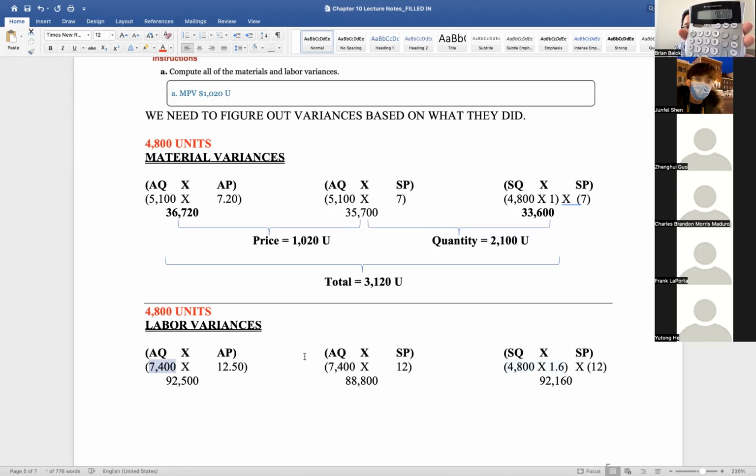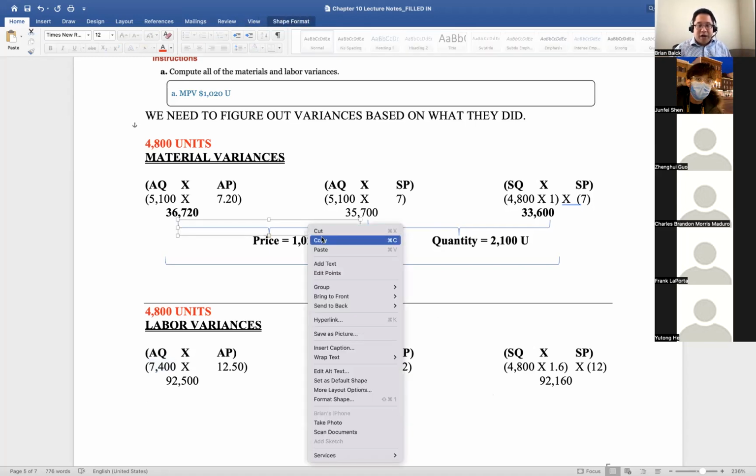Standard quantity is 7,680. That's okay, right? I mean, it's different, but it's kind of within the same league, right? If you were doing the problem and you got actual quantity is 7,400, standard quantity is 2, that's just way off because the numbers are not even in the same ballpark. So you can use that to figure out if you're on the right track or not.